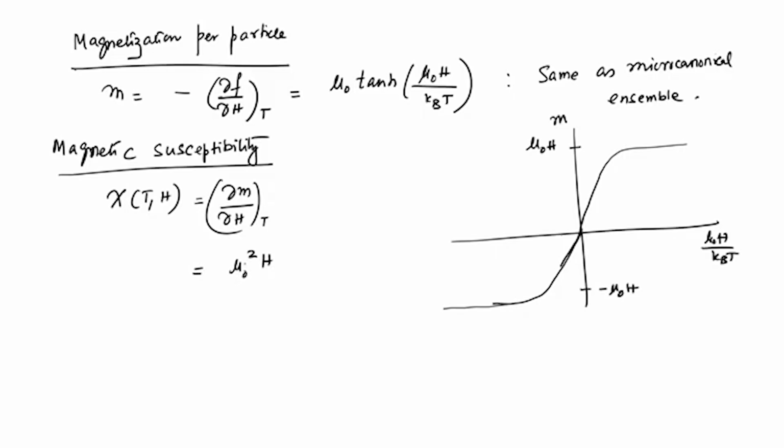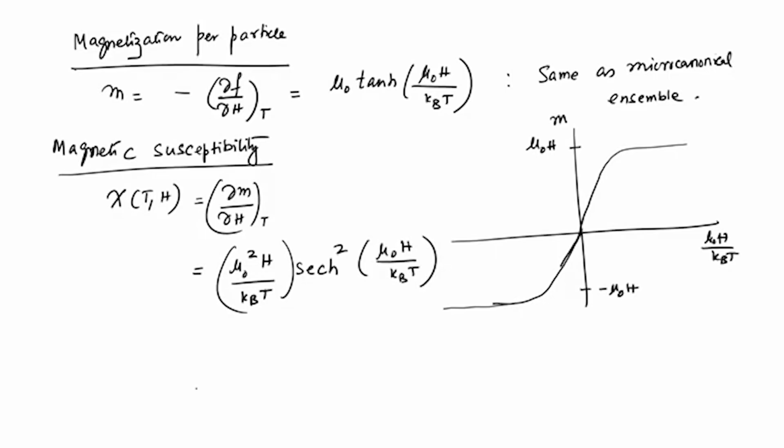So, I take this expression of m and then take a derivative with respect to H. It is inside the tan hyperbolic. So, first you take a derivative of tan hyperbolic and then what is there inside. So, this gives you a sec hyperbolic square, and so this is mu 0 square by k t, and this is a sec hyperbolic square mu 0 h by k t.